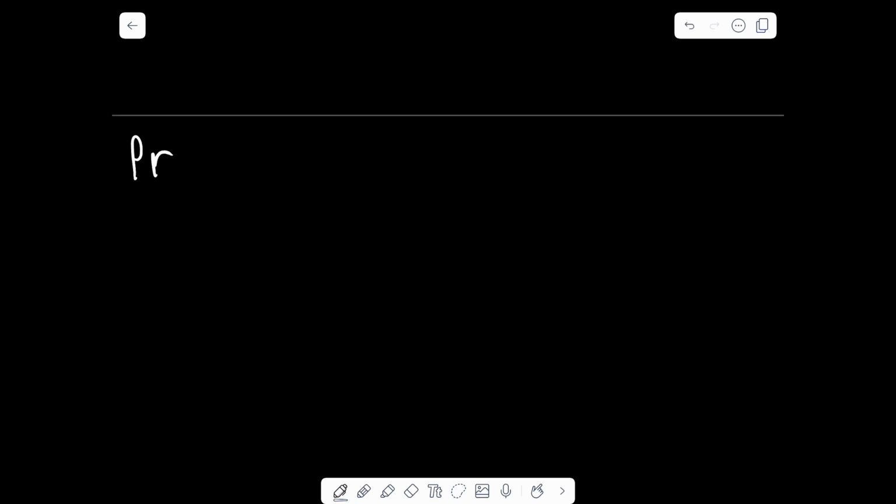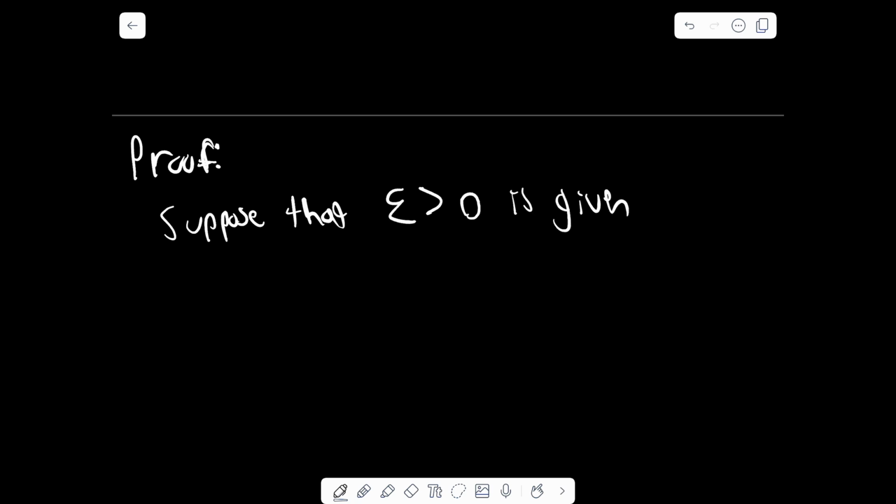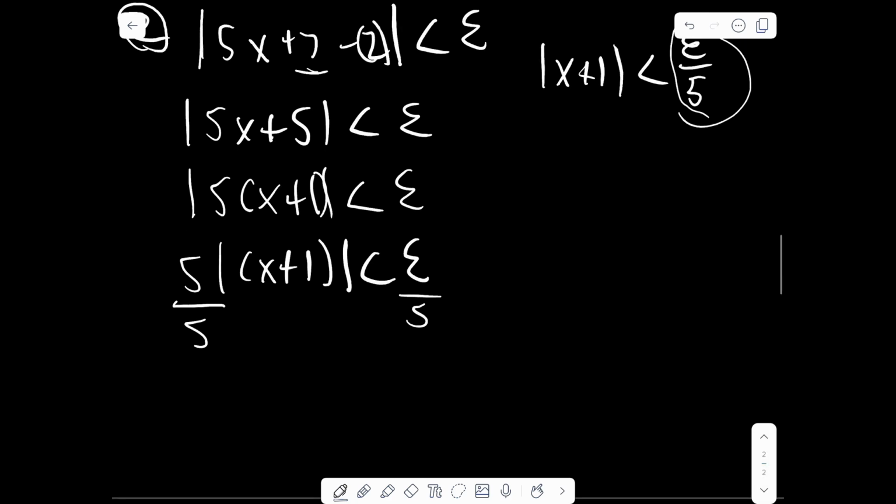So, when doing a proof, what we're going to do is first write, suppose that. And here we're going to suppose that epsilon is greater than 0 is given. Next, we're going to choose what our delta value is, which we figured out up here.